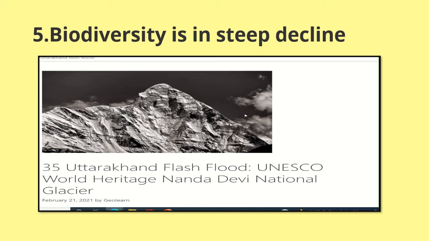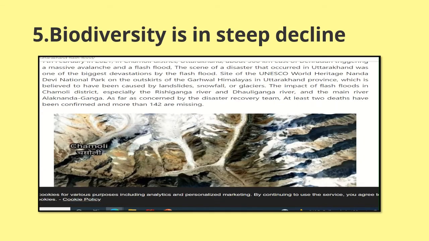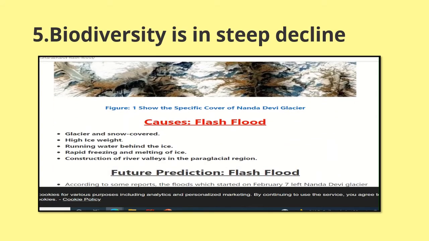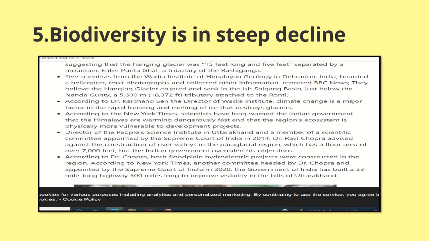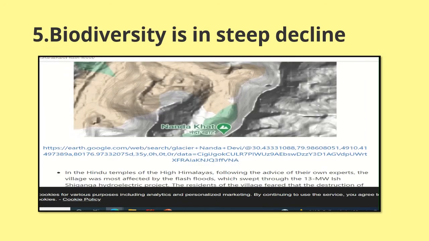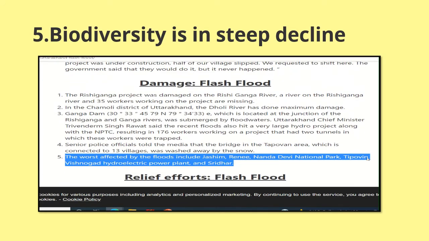In 2021, on 7th February, due to a glacial lake flash flood, the Nanda Devi Biosphere Reserve, rather Nanda Devi National Park, was adversely affected by the flash flood and avalanches, and due to those avalanches, the Nanda Devi Biosphere Reserve and its plant species and animal species were adversely affected by the glacial flood.